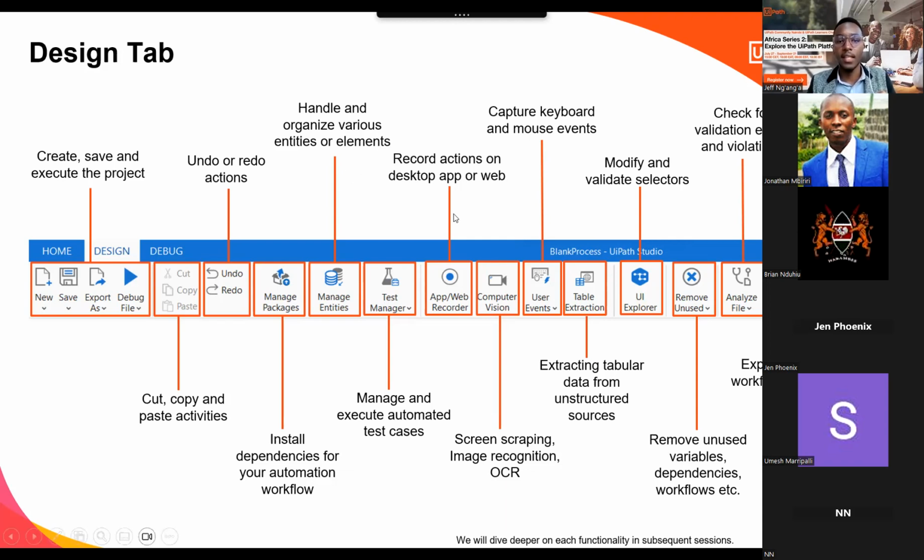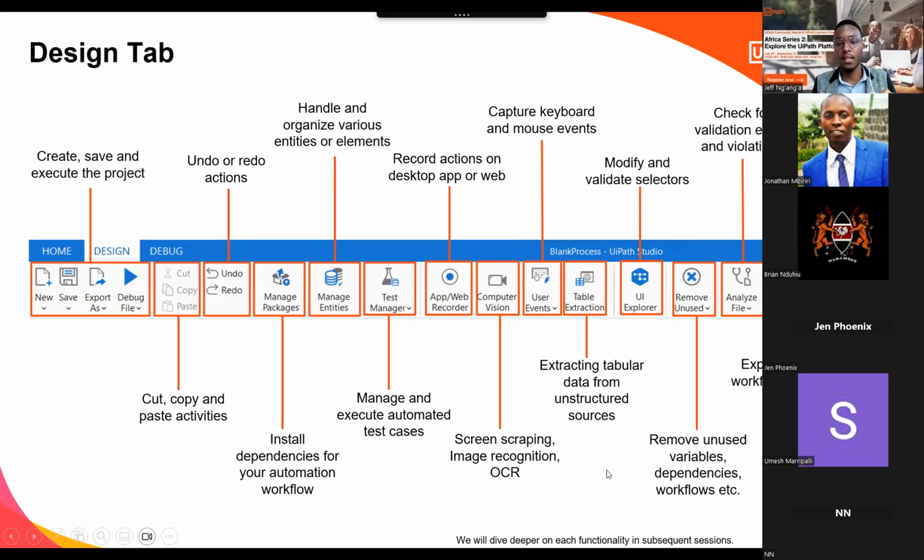The other option we have on the design tab is capturing user events. And what this option enables you to do is capture keyboard and mouse events. So ideally, you can click on this option and you can record probably the type into activity on your keyboard and so on and so forth.